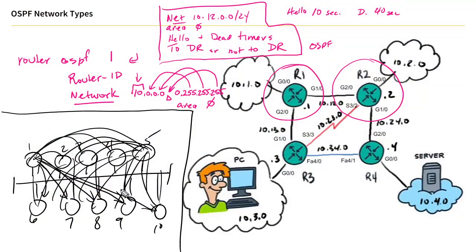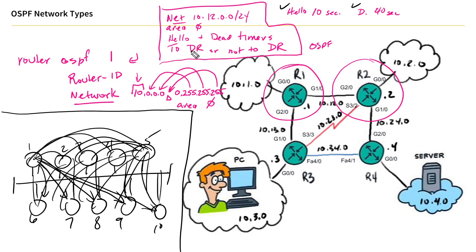We don't have to manually say, he's the DR, he's the BDR, here's his priority. We just enable OSPF, and because the network type of broadcast says, yep, allow the neighborships to form automatically, and has default sets of timers. So check out what we just did. By enabling OSPF on these Ethernet interfaces, we just locked in the hello and dead interval because it saw this Ethernet interface as an OSPF network type of broadcast.